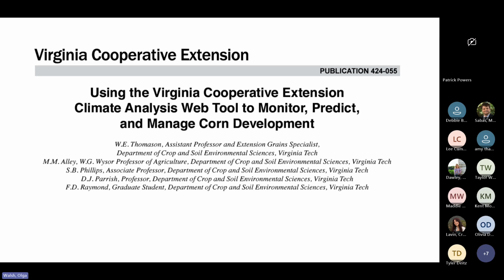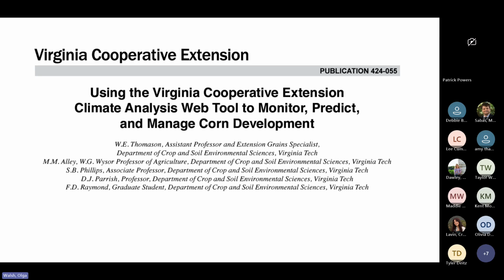This is a very good publication to look at if you're interested in how corn and other crops are managed. It emphasizes that crops, of course, are affected by many factors: fertilization, rainfall, whether it's sunny or cloudy, hybrids, or even maturity groups, whether it's later maturing or early maturing varieties.